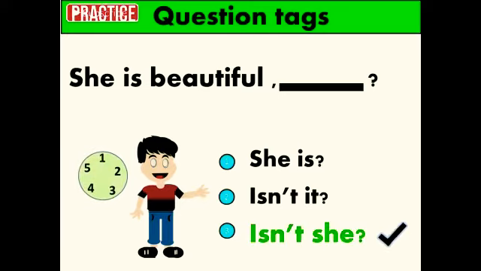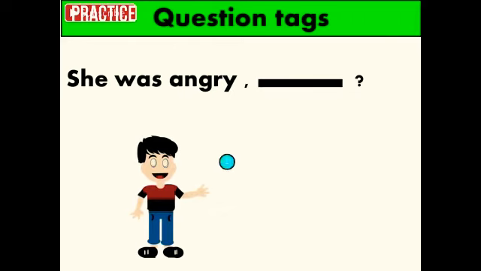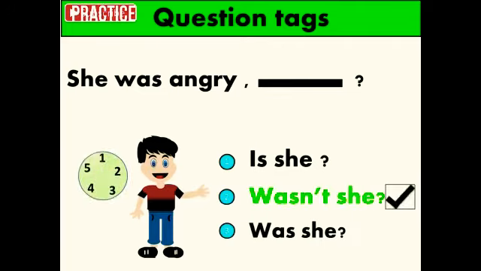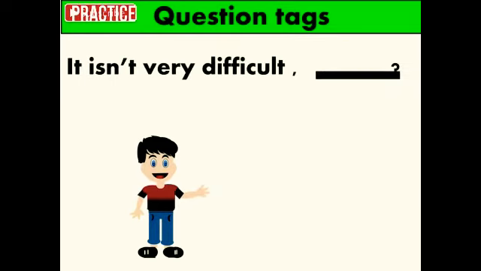Isn't she is the correct option. She was angry. Was, not, wasn't, and the subject is she. Wasn't she? Yes.